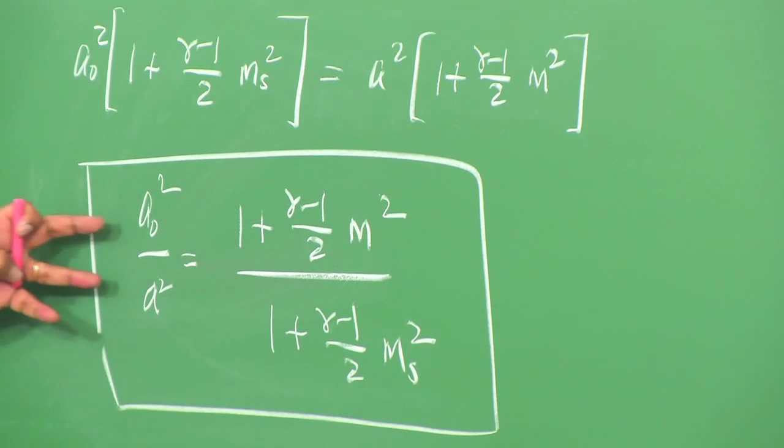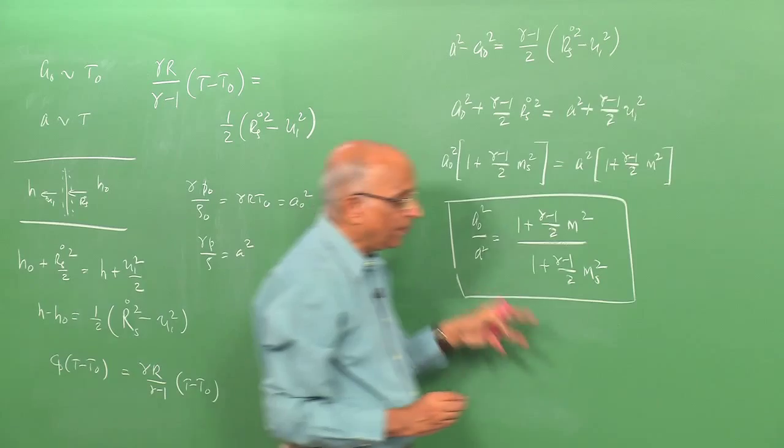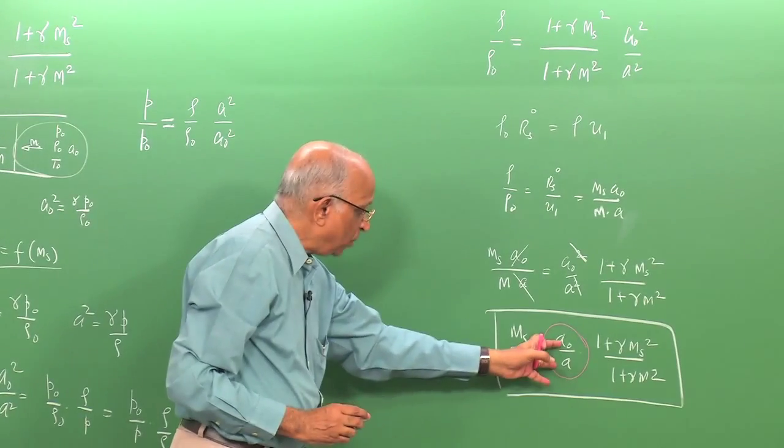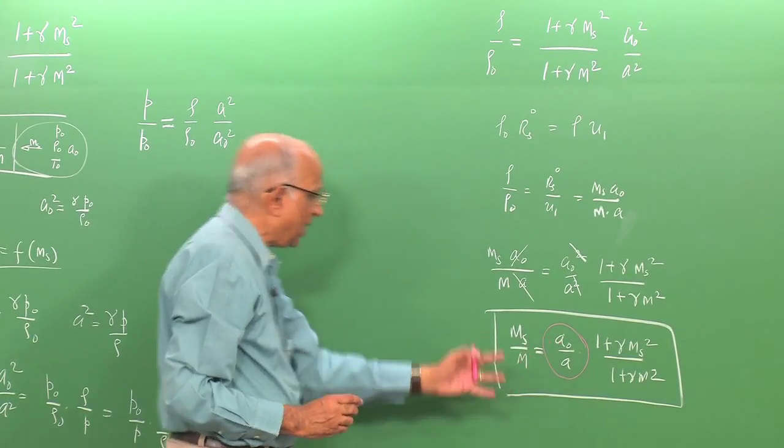Now I am able to get the expression for A0 by A in terms of Ms and M. Therefore I put that expression over here, and what is it I get? Let us put the final expression on the board.